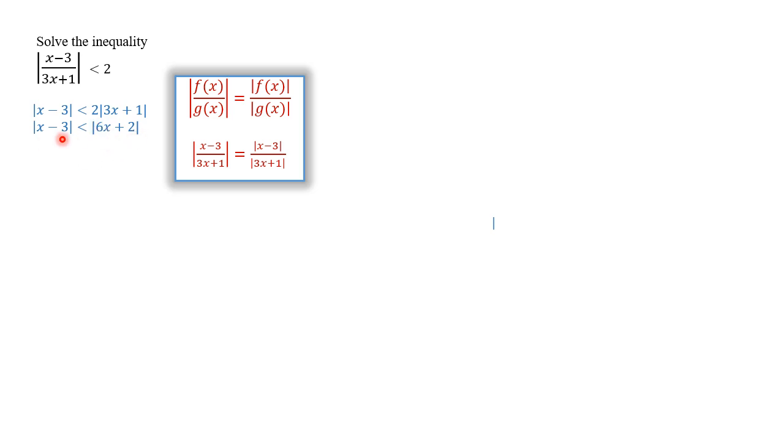So the next thing now, we can find the critical values. So finding the critical values here, we are going to find the corresponding modulus equation, which is |x − 3| equals |6x + 2| here. So we want to find the solution to this equation here, which is a modulus equation. Alright, so it's x − 3 equals plus or minus (6x + 2) here.